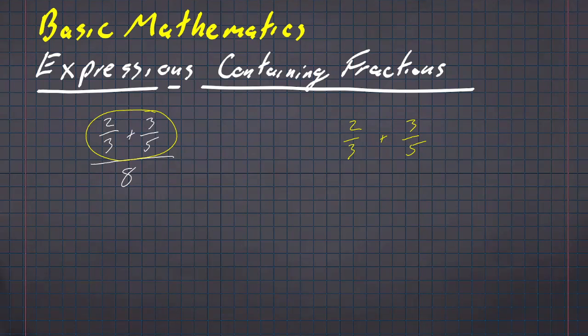To add two fractions, we need a common denominator. 3 and 5 have nothing in common, so we're left with the brute force approach. Let's multiply this fraction, top and bottom, by 5. Let's multiply this fraction, top and bottom, by 3.